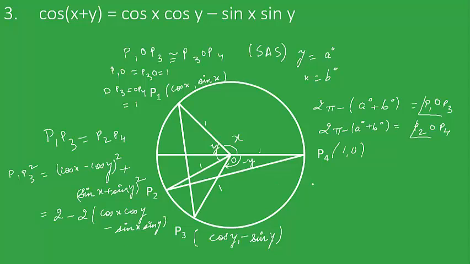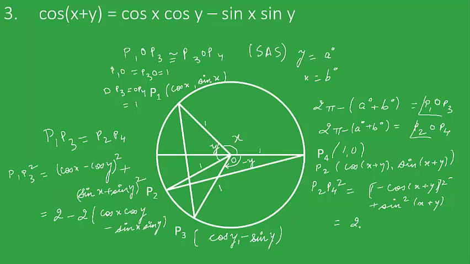Similarly, let's look into what P2 P4 is. P2 will be equal to cos of x plus y comma sin of x plus y, and P4 is 1 comma 0. So P2 P4 square, for clarity's sake, is equal to 1 minus cos of x plus y whole square plus sin square of x plus y.